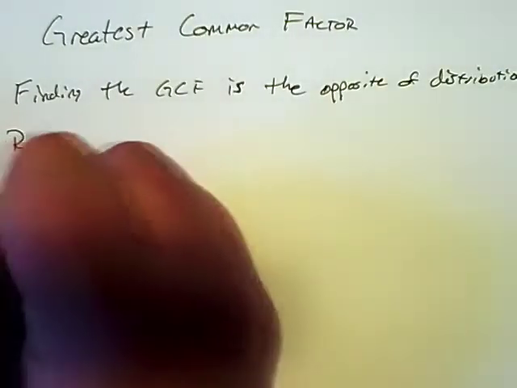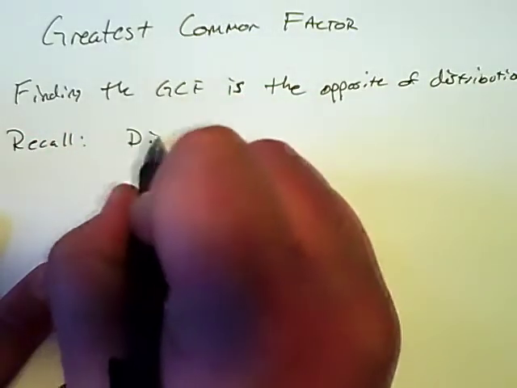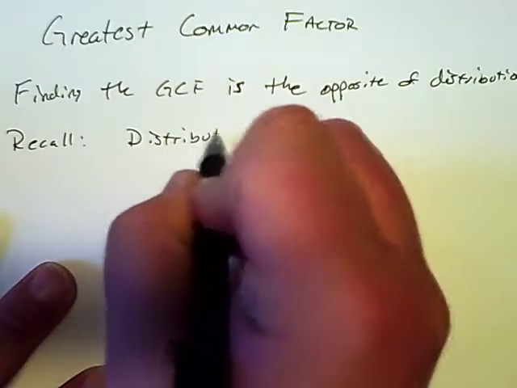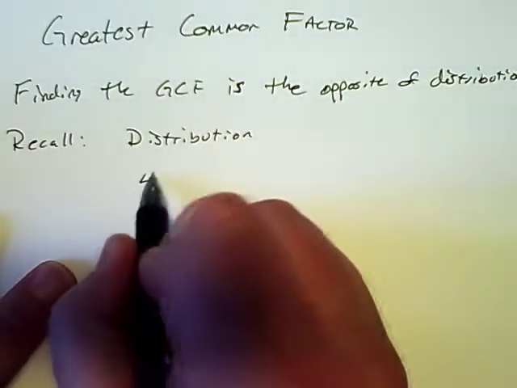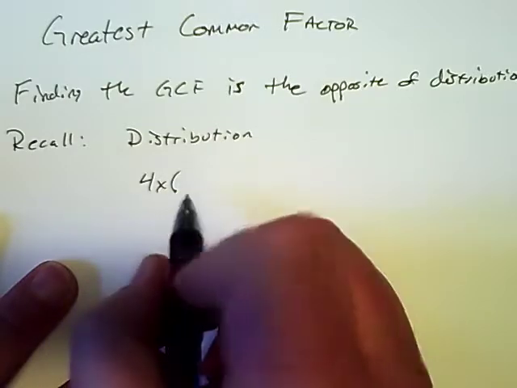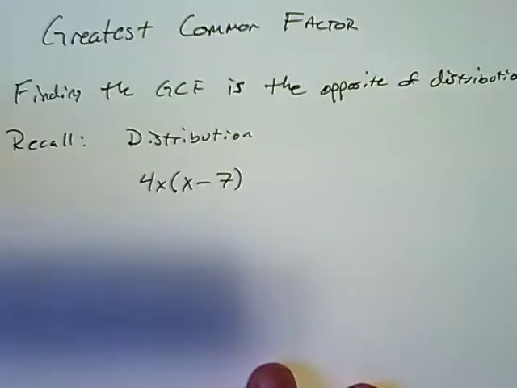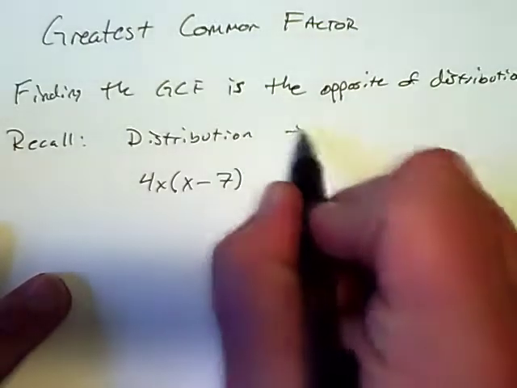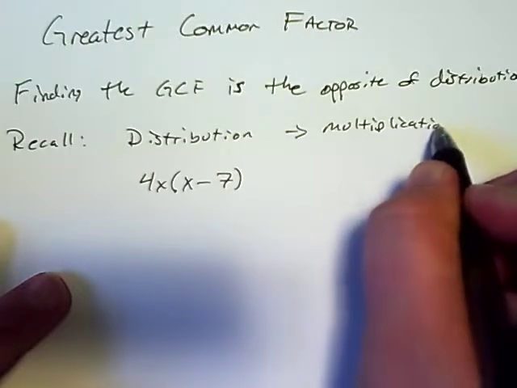So real quick, let's just do a quick recall. When it comes to distribution, I'm going to show this first, and then we're going to talk about undoing it. So if we had, let's just say, 4x times x minus 7. Distribution is multiplication in and of itself.